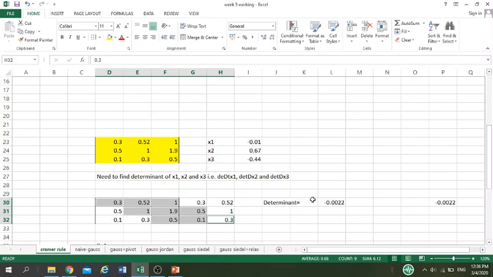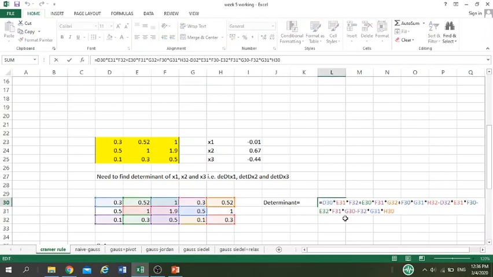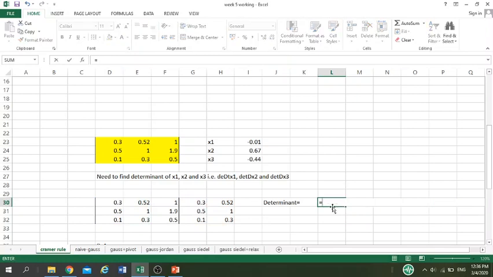Let me demonstrate. This is the first step, in which we multiply all the numbers along the diagonal lines, and then we add them up with the next round of multiplication.